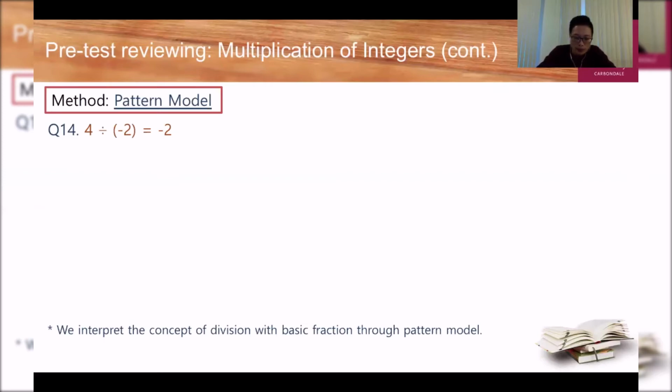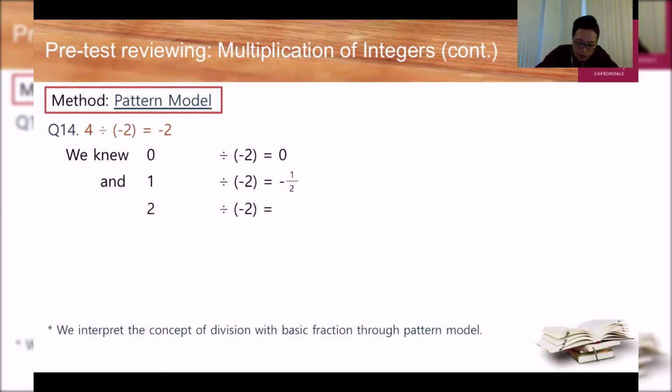Pattern model, we start from 4 divided by -2. We knew 0 divided by -2 is 0, right? And 1 divided by -2 can be written as -1/2, right?